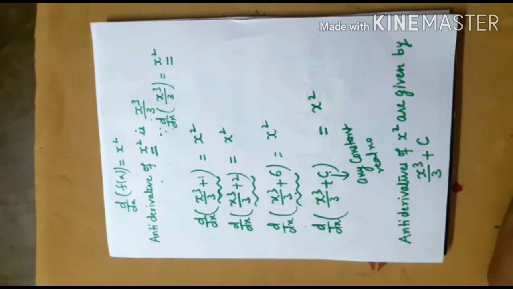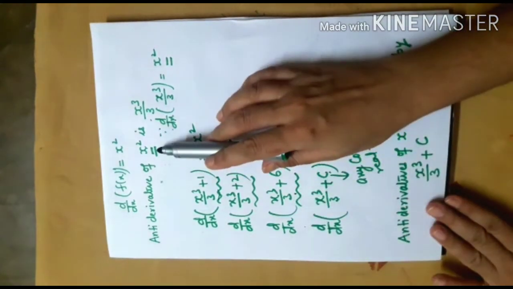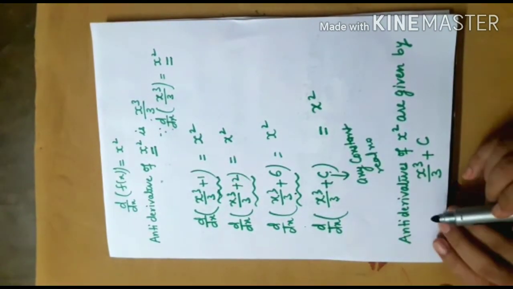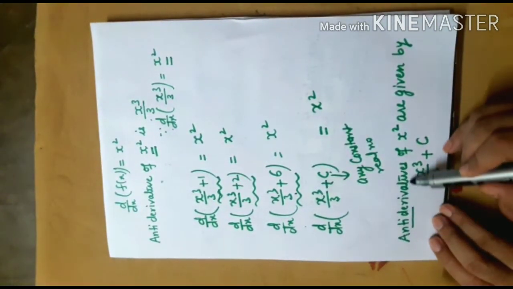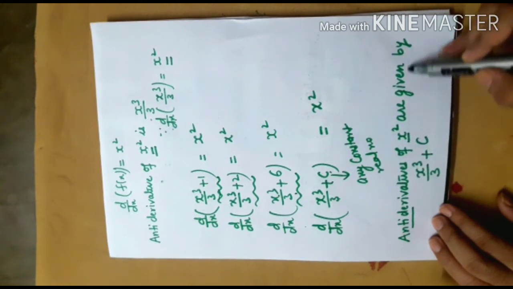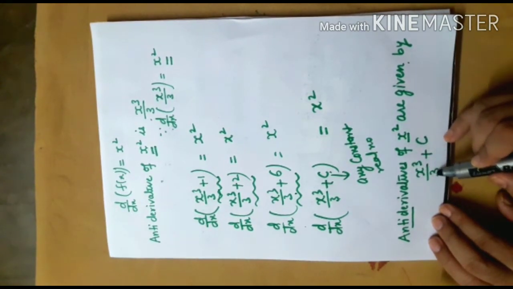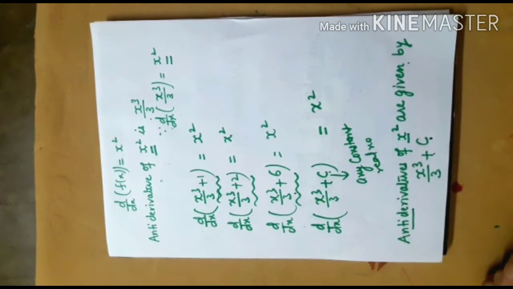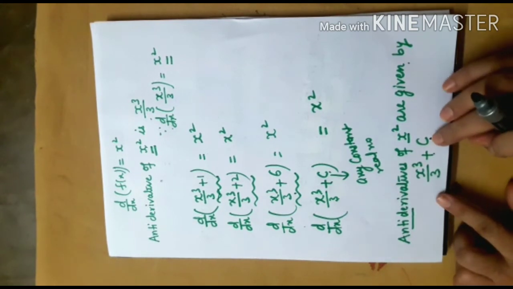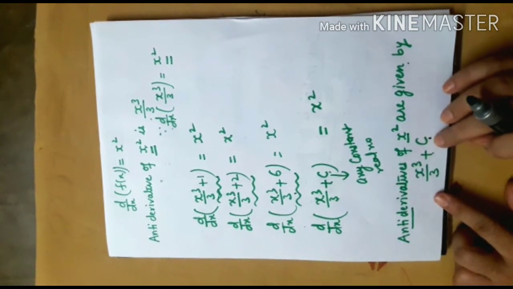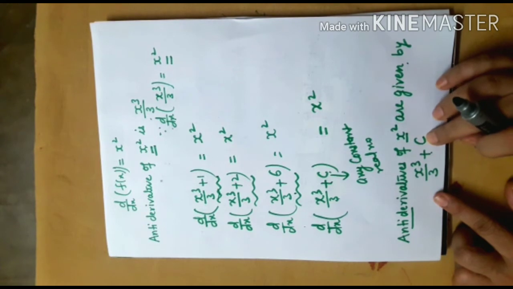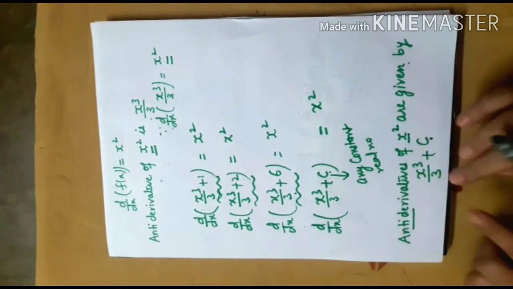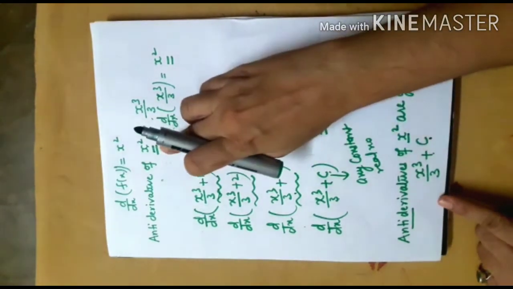There are infinitely many antiderivatives of this function, and the antiderivatives of x squared are given by x cube over 3 plus c, where c is a constant real number. On varying c, that means if I change the value of c, I'll get different antiderivatives of x squared.